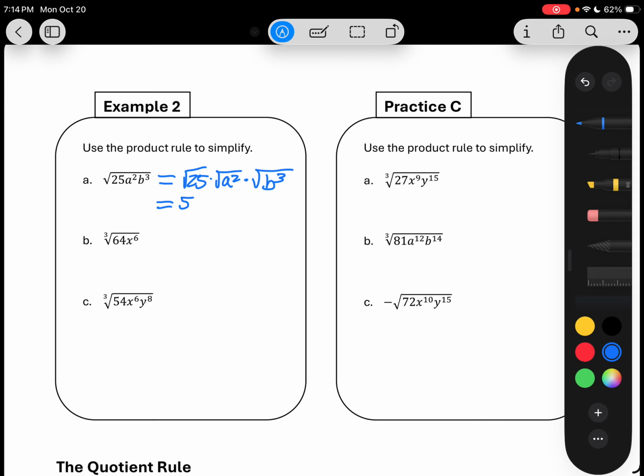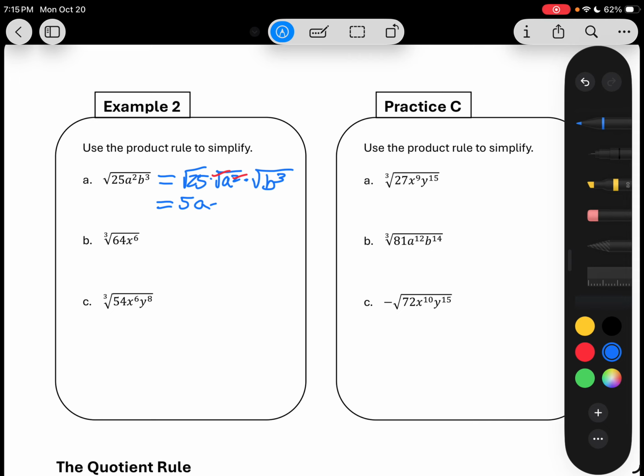And if you look at that, the square root of a squared, since the square root undoes things that are multiplied by themselves, the square root and the power of 2 will undo each other. And you'll just be left with a. So that'll be 5a. However, if you look at the next one, we have b cubed. It's not b squared. So that could be kind of tricky.